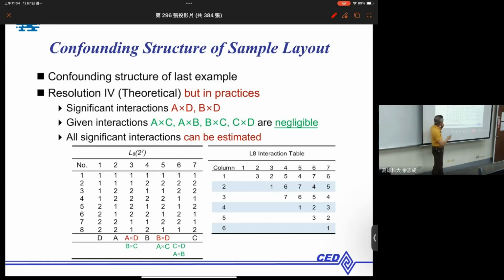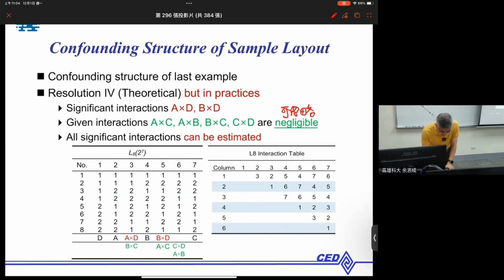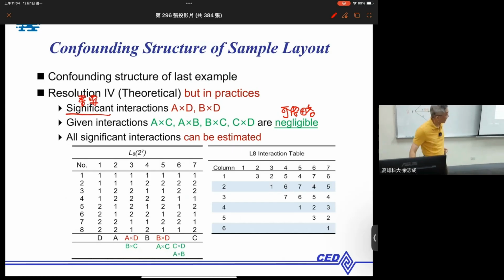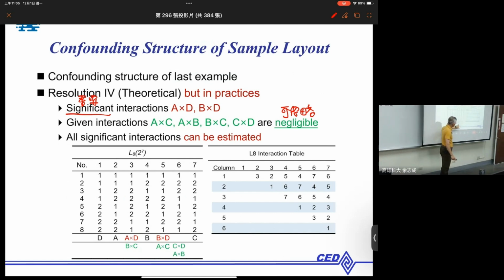But in this example, he said only these 2 are significant, and the rest are negligible. Negligible means the influence is small. Significant means important. So we only have 2 important interactions, these 2. And the remaining 4 interactions are negligible.